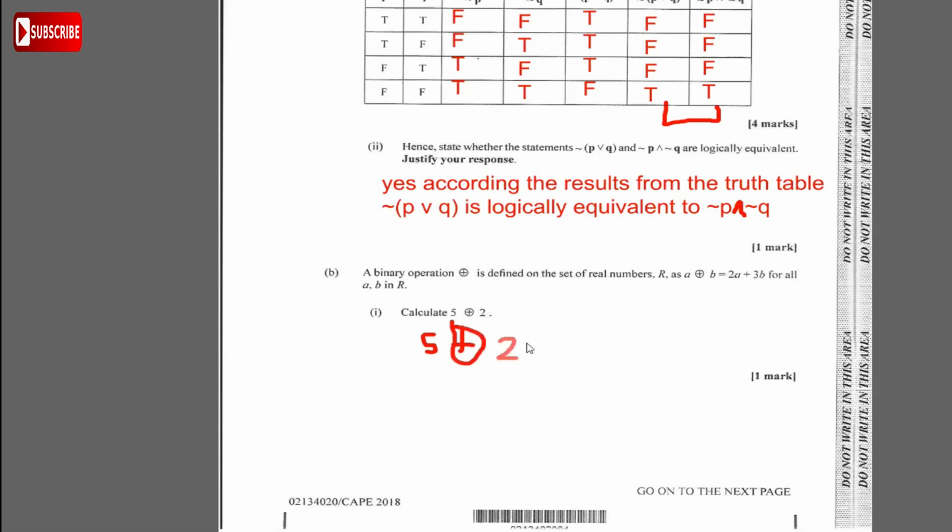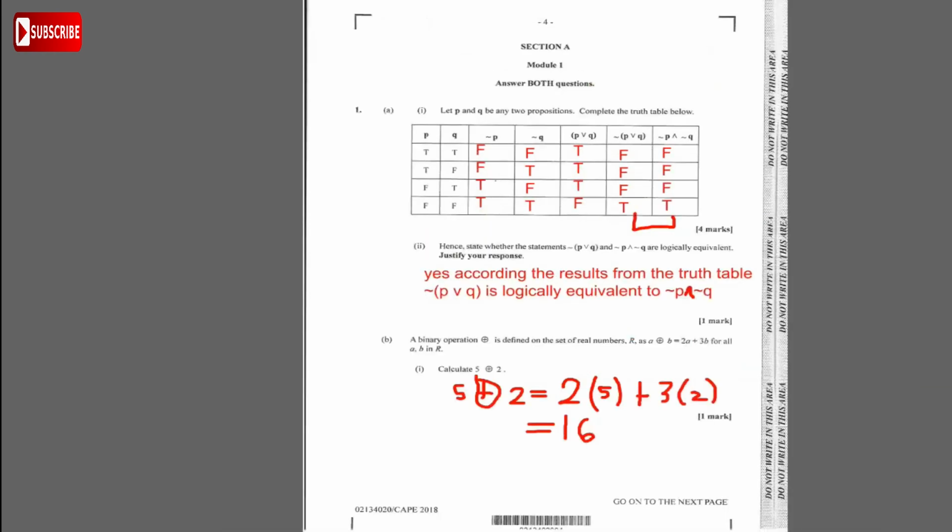So 5 circle plus 2 is equal to 2 times 5 plus 3 times 2. That is 10 plus 3 times 2 is 6. That is equal to 16. So 5 circle plus 2 is equal to 16. Nice and easy, so that takes care of question 1.